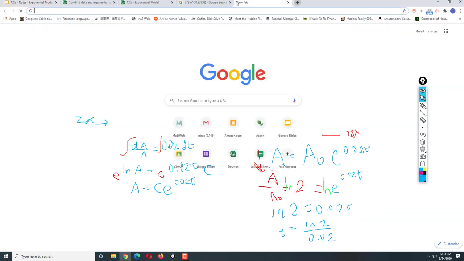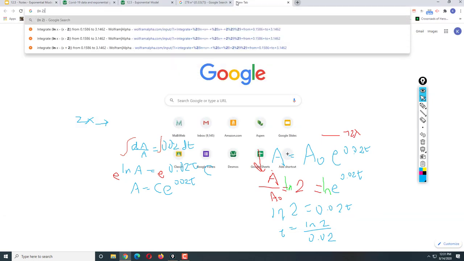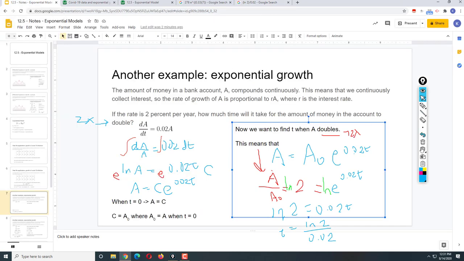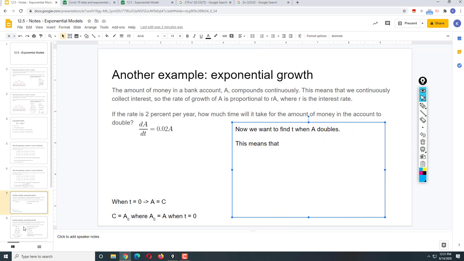Plug that into a calculator. I get 34.66. So it takes about 35 years for the amount of money to double if the interest rate is 2%. Once again, I have neater notes written out here for you.